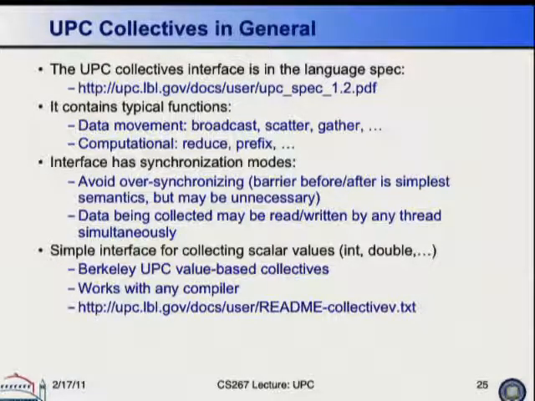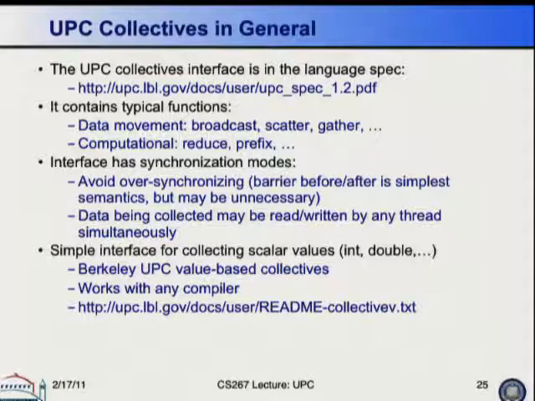Now, what is a little bit different about UPC collectives, and one of the sore points in the community, is what are called synchronization modes. If you think back to the barrier example, it probably gives you some intuition about why these were put in here. We wanted to allow split phase operations to happen.